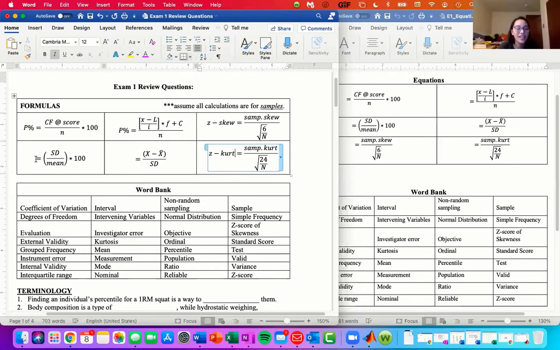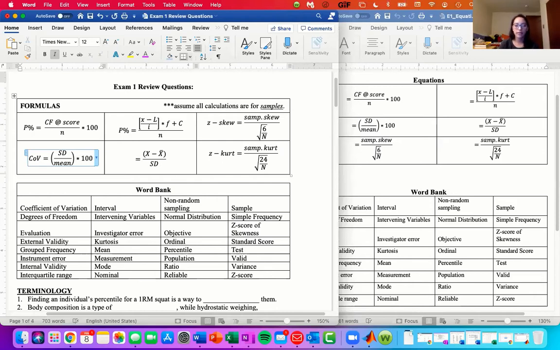What's this one over here? Standard deviation divided by the mean times 100. The coefficient of variation. Okay, so it's one of our standard scores, and it allows us to compare different units of measurement in terms of their variability.